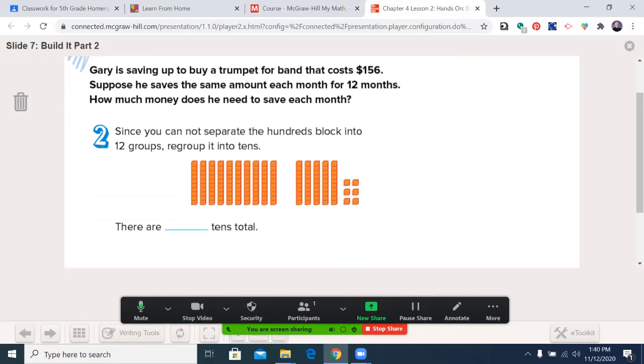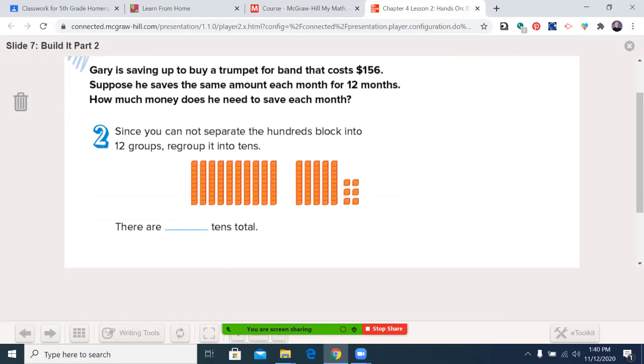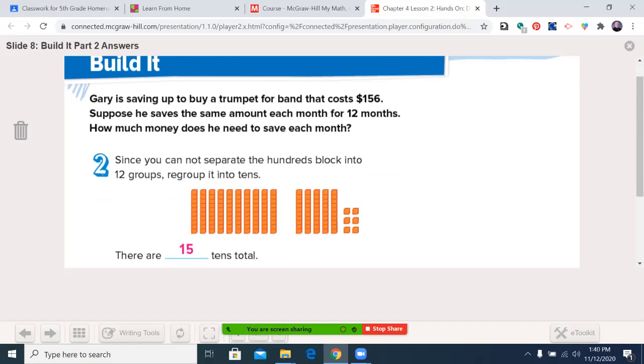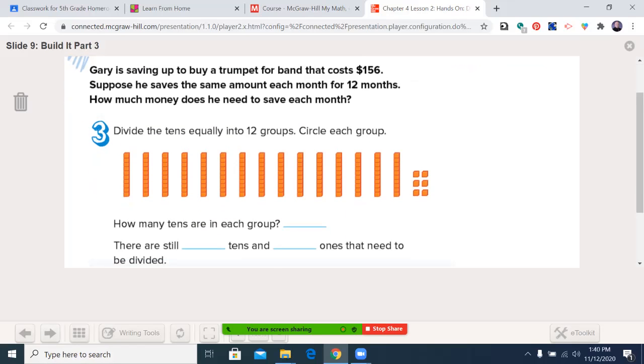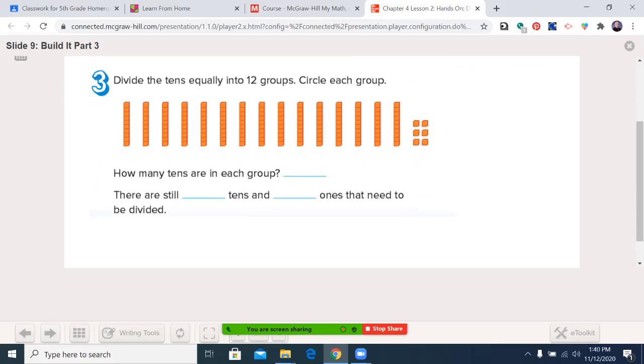So now if we have 10 groups of 10, how many groups will that be total? 10, 11, 12, 13, 14, and 15. We have 15 groups. Now can we put 12 into it? We could go ahead and circle 12 groups.